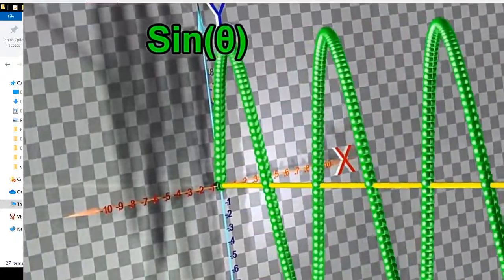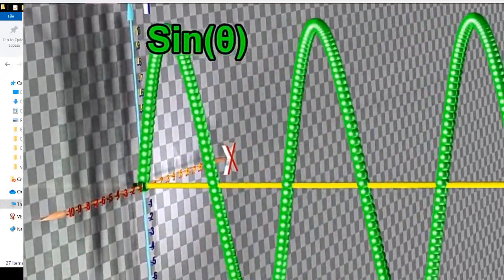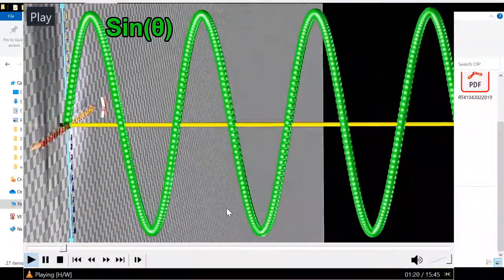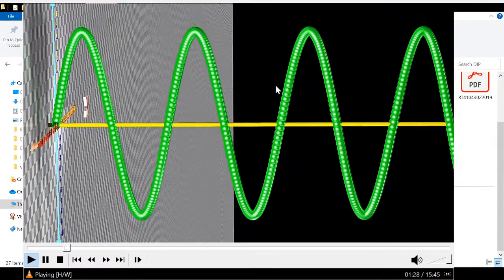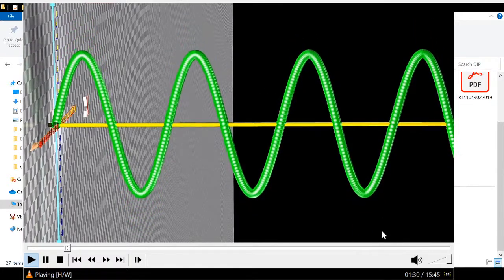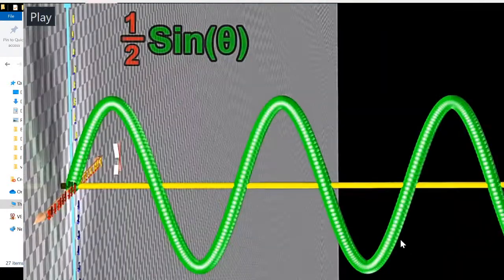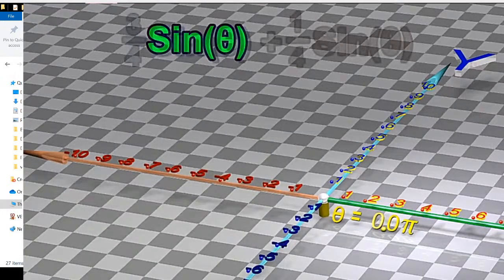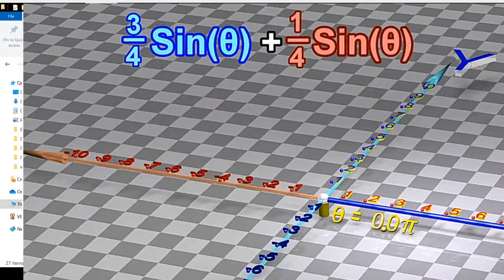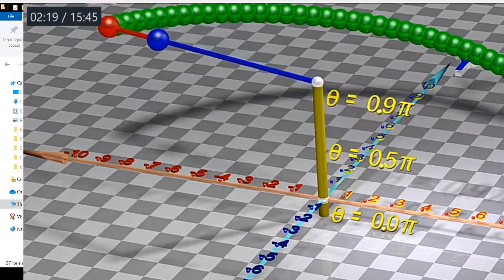A two-dimensional pattern is what we refer to as a sine wave. We can change the sine wave's amplitude.